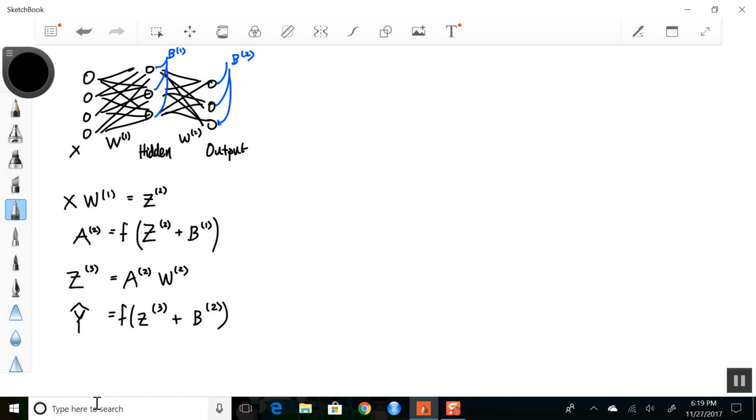Okay, so this is the forward propagation.